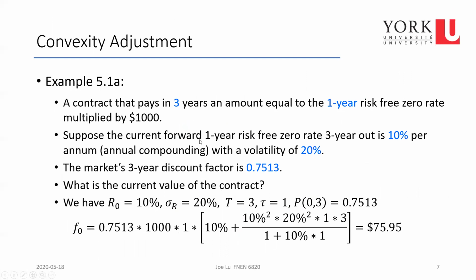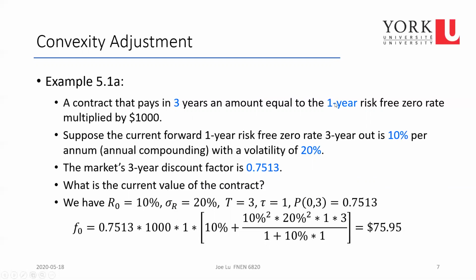Now suppose the current forward 1 year risk-free zero rate 3 years out is 10% per year with a volatility of 20%, which means that the current forward price of the zero coupon bond has an implied rate of 10%, okay? And that rate has a 20% volatility. The 3-year discount factor is 0.7513.